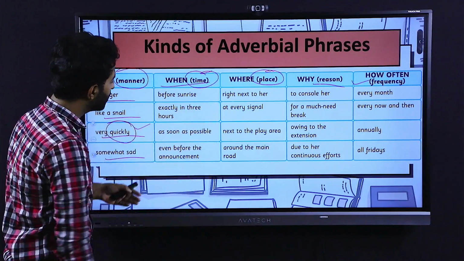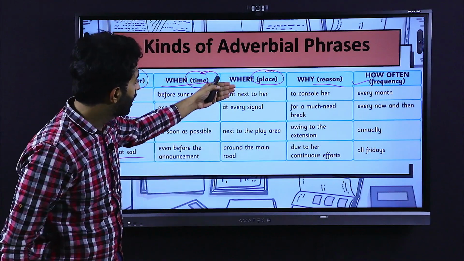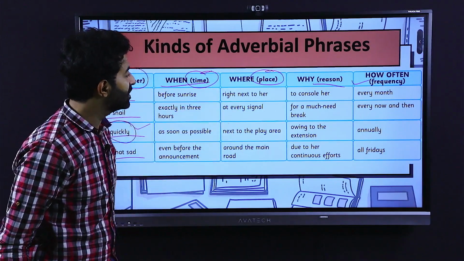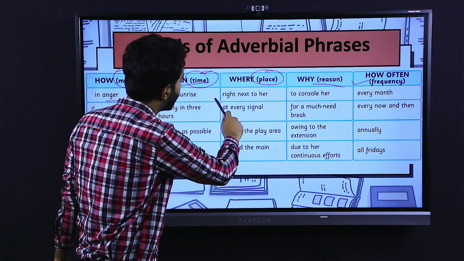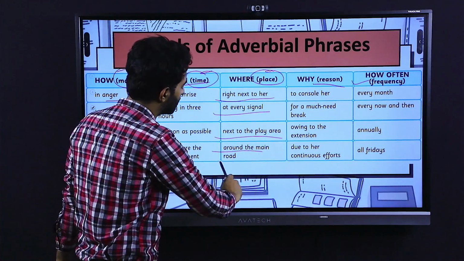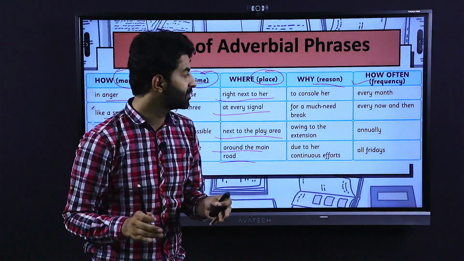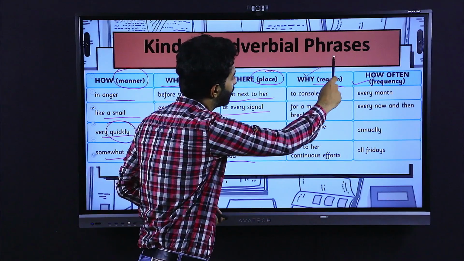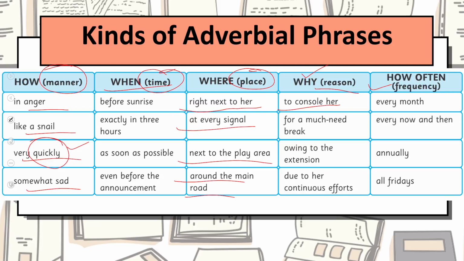And for time, it's telling you the time: before, after, etc. The adverb of place is actually telling you where that action is. Right next to her, at every signal, next to the play area, around the main road. It's telling you about the location and the place. And adverb of reason is telling you the reason of doing that action.